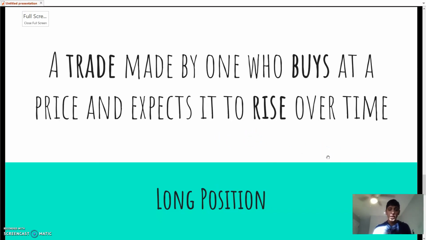Next, long position. A long position is when someone makes a trade and they expect the price to rise over time. For instance, my trade is SPX, I think 350 shares going long. That means I bought it at a low price and I'm expecting it to rise over time. That is a long position, a long trade.